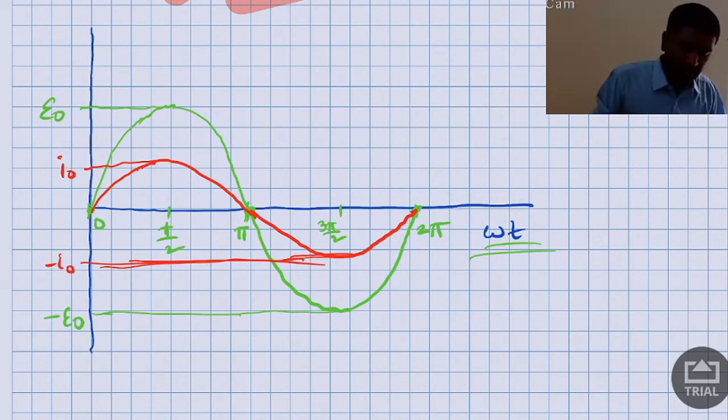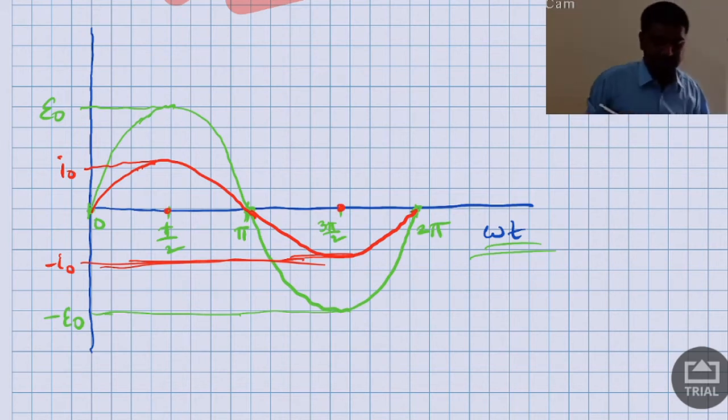Now I is 0 when omega t is 0. I is 0 when omega t is pi and 2 pi. But I is maximum when omega t is pi by 2, and minimum when omega t is 3 pi by 2. So this is how your current changes with omega t. Now look at one more thing here. Whenever E is 0, I is also 0.